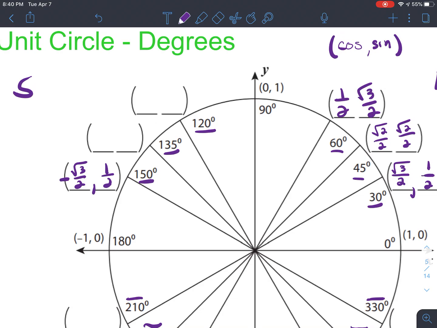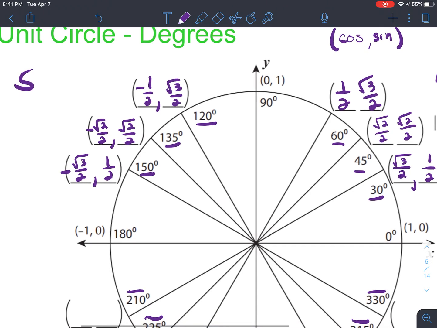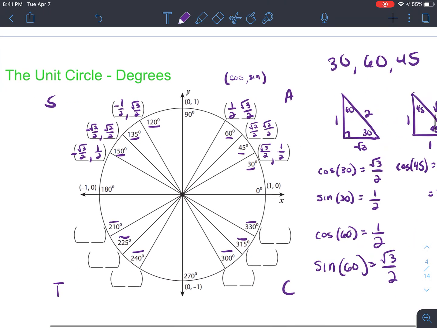My sine will stay positive because of the quadrant. 45, same thing, same values, but a negative x for negative cosine. 120 has a reference angle of 60. Negative cosine, positive sine. So I'm going to ask that you pause the video and fill out the bottom half.